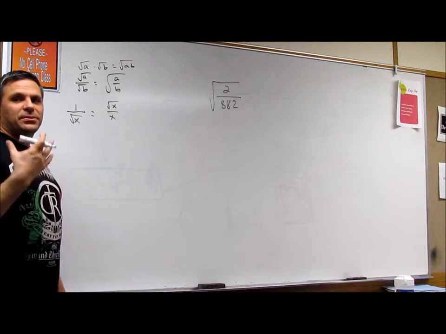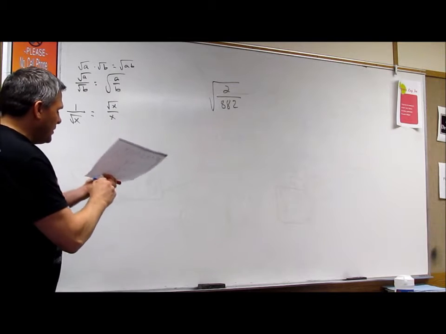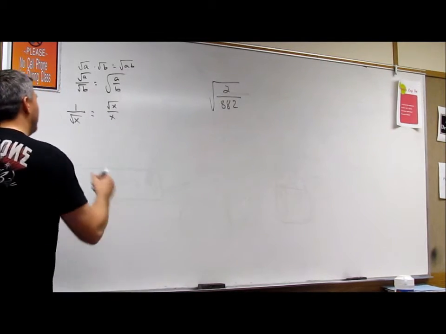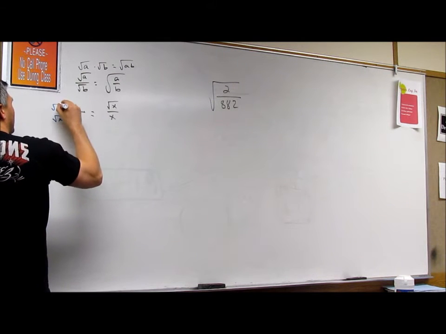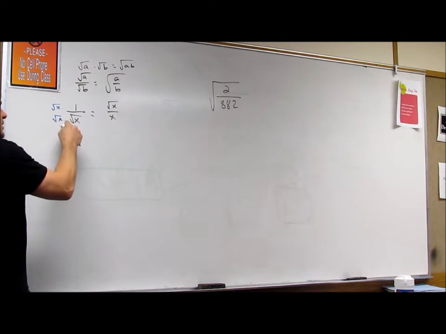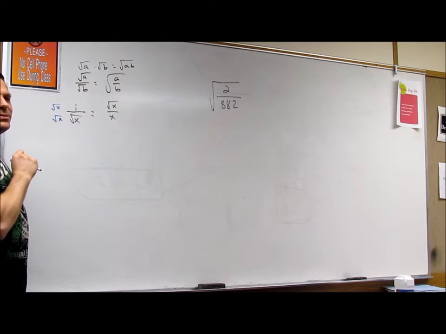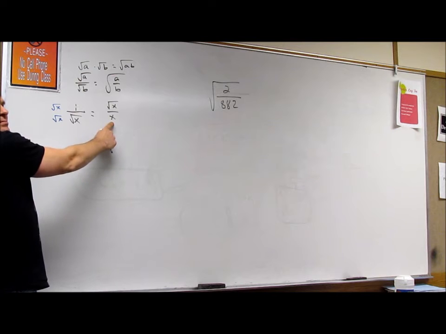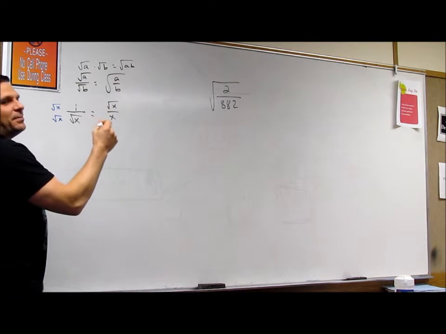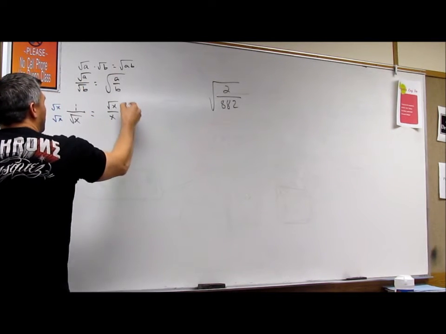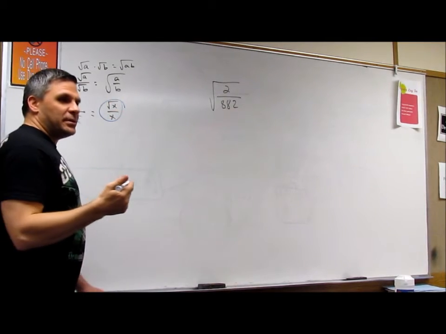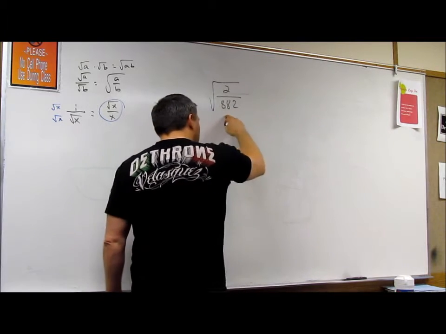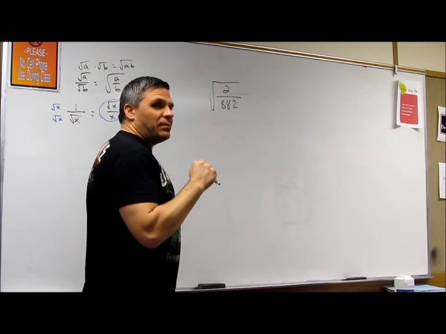We can never keep square roots in the bottom. So what we got to do here is multiply the bottom and the top by something that gets rid of that square root. And by multiplying the bottom and the top by that square root of x, it produces x in the bottom and the square root of x in the top. So this is how we have to have our answers. So, no square roots in the bottom, or no radicals in the bottom.